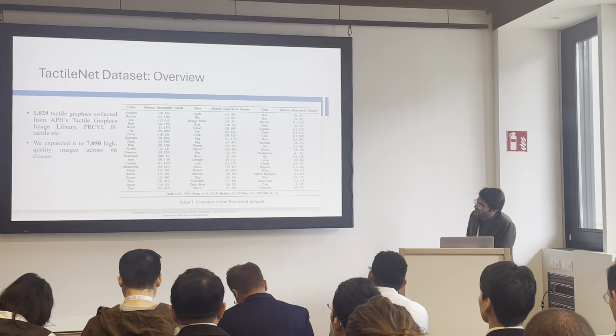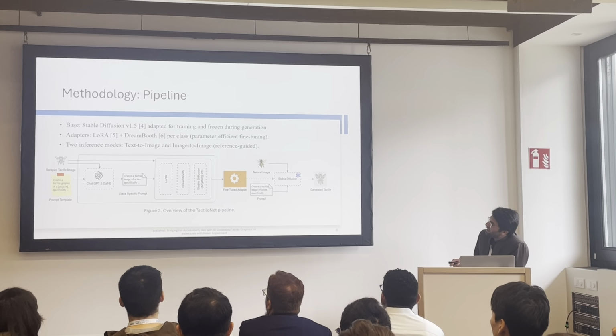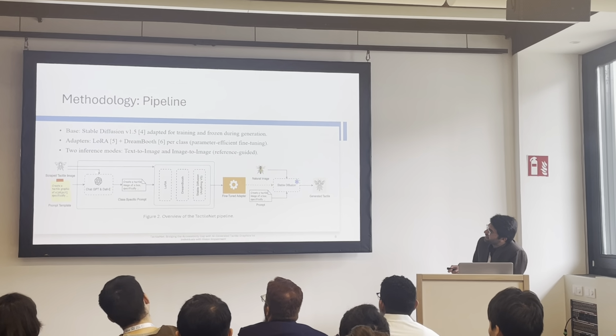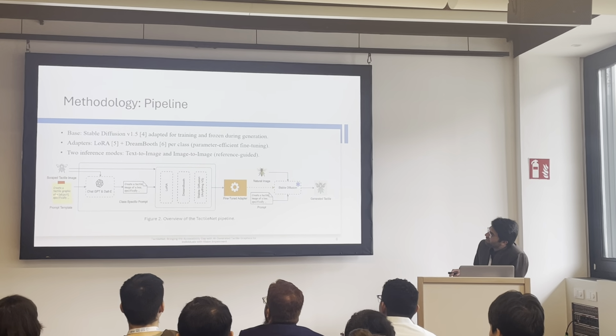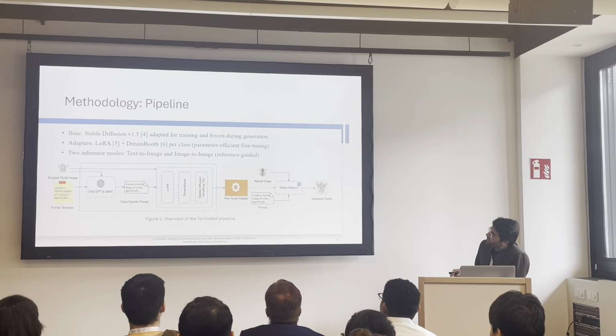Looking at the methodology, we start from scraped tactile images which are paired with a prompt template. We make a simple prompt template, and then we give the image to ChatGPT and DALL-E to see the image and fill up this template to make a prompt accompanying the image.